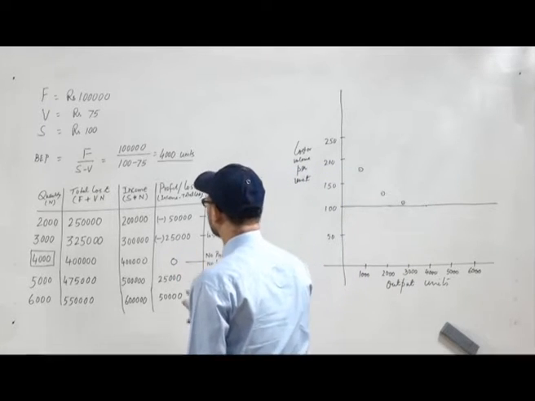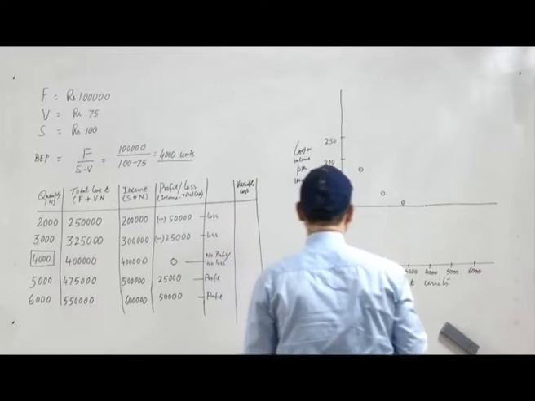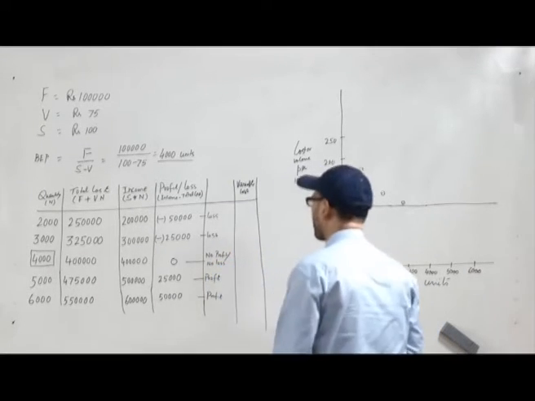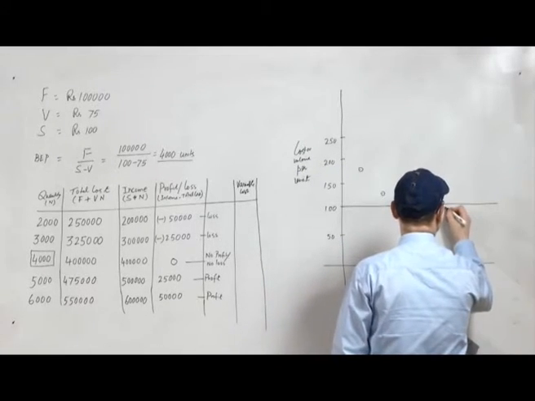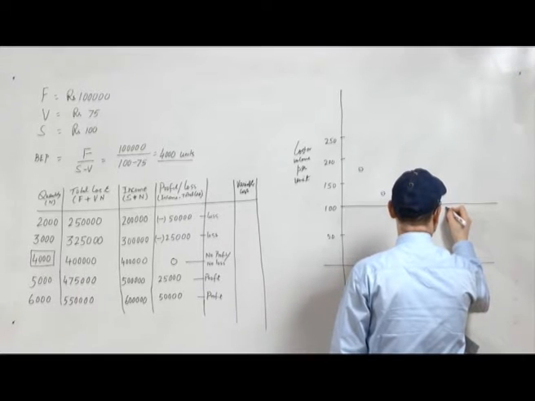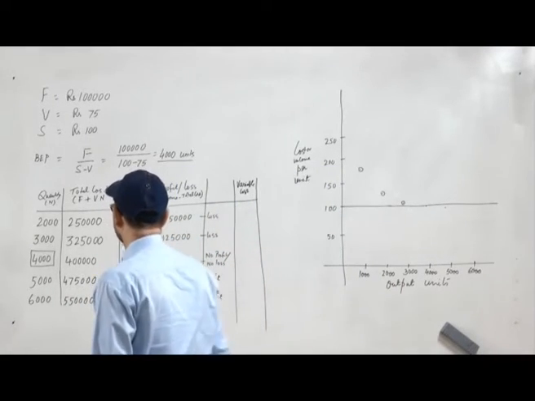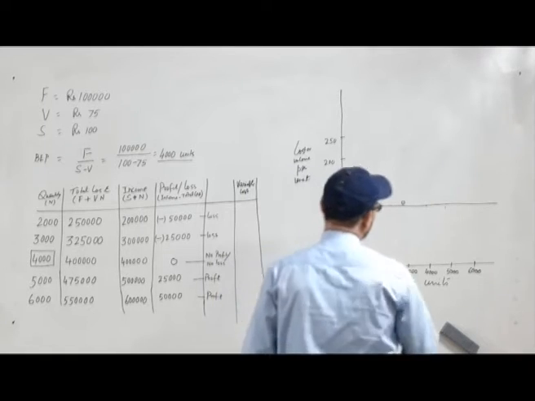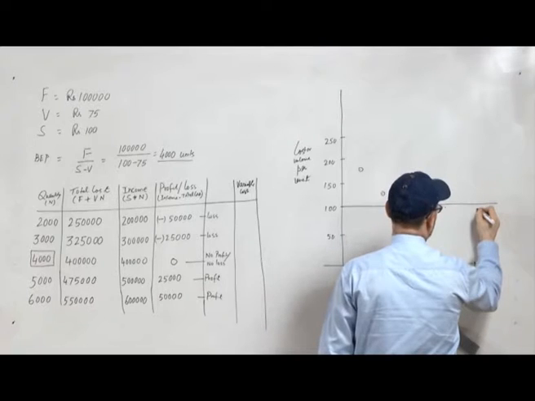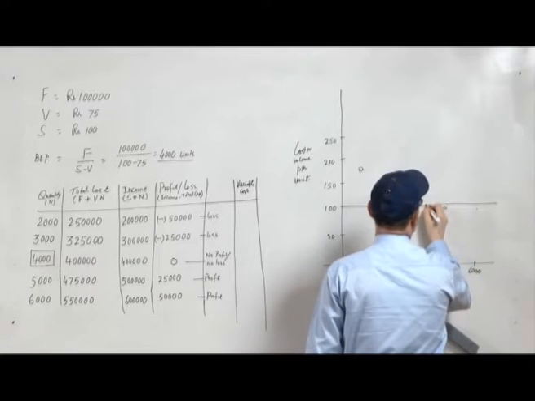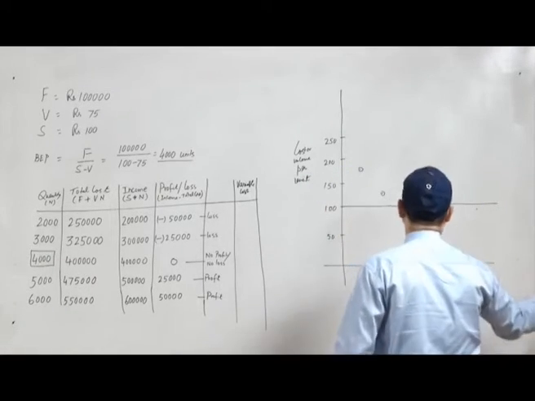For 5000 units, 4,75,000. If we divide it, it is coming less than 100. So, it is 95. For 6000 units it is close to 90. So, it goes like this, and then it is going downwards. As we move in this direction it will go like that.